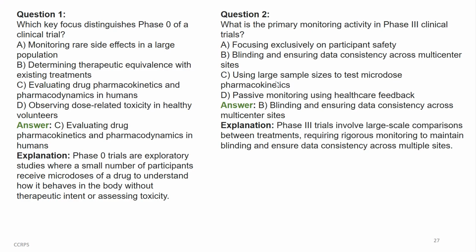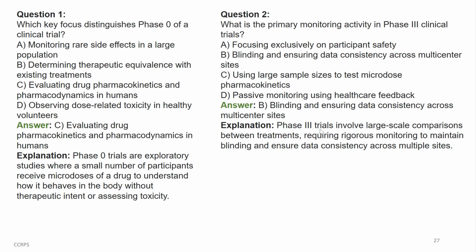Although it's a large sample size, going back to microdose pharmacokinetics will still be phase 0. D, passive monitoring using healthcare feedback. Healthcare feedback we know is post-marketing monitoring or surveillance, which will be phase 4. So the answer here is B, blinding and ensuring data consistency across multi-center sites, as it is for phase 3.